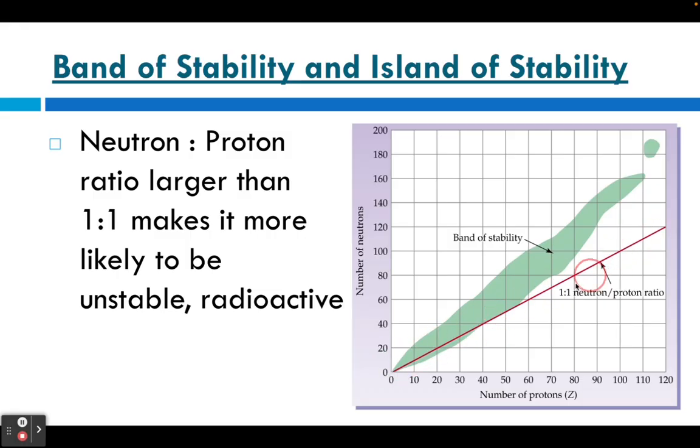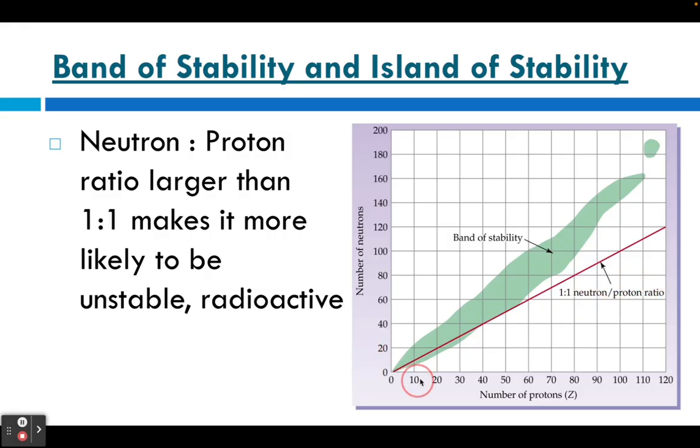One of the things you'll notice here is this line. This line represents a 1-to-1 ratio. This means you have 1 proton for every neutron, so you have like 5 and 5, 10 and 10. This line represents equal numbers of protons and neutrons. You'll see over here neutrons on the top, protons on the bottom.